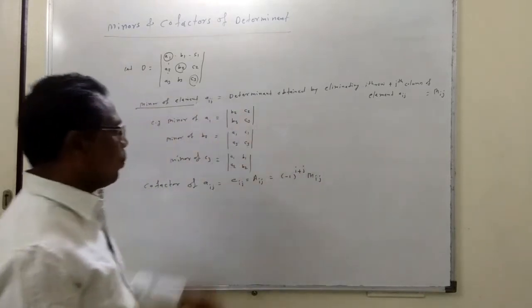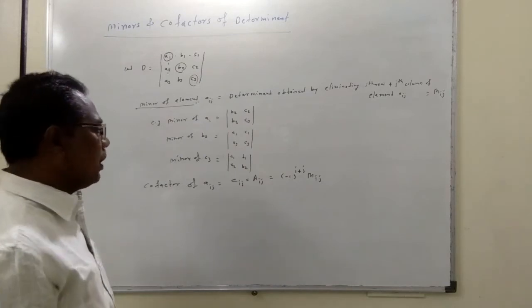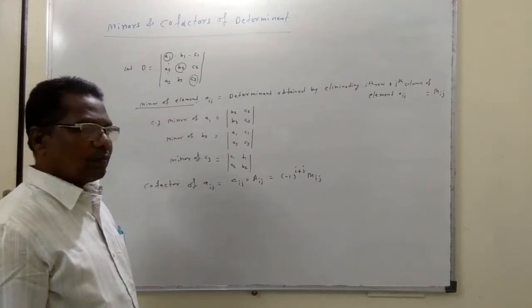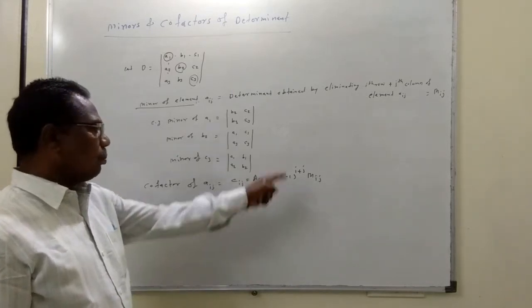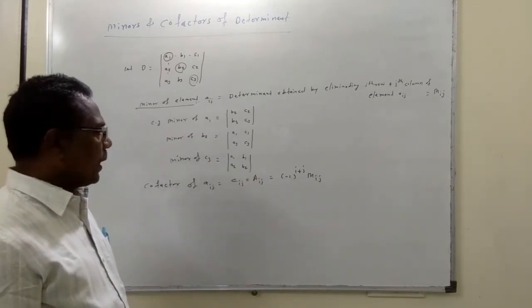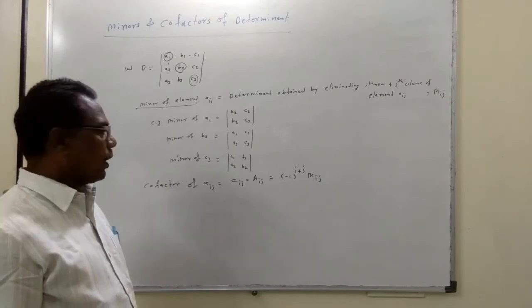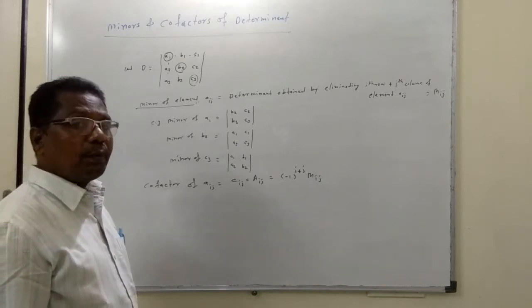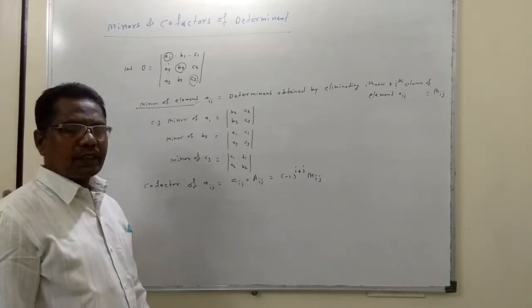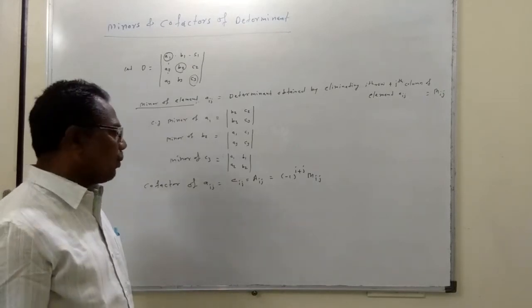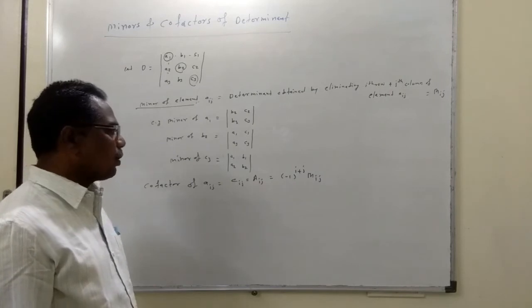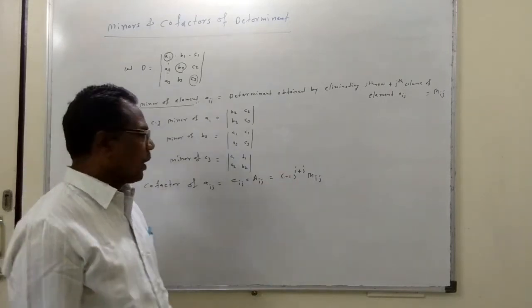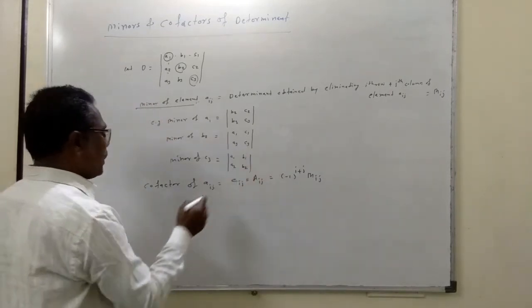Already we have studied how we find the minor of the ijth element: we obtain the determinant by eliminating the ith row and jth column of that element Aij, and the determinant of the remaining elements is the minor. The cofactor of Aij is obtained by giving the sign: minus 1 raised to i plus j into Mij.